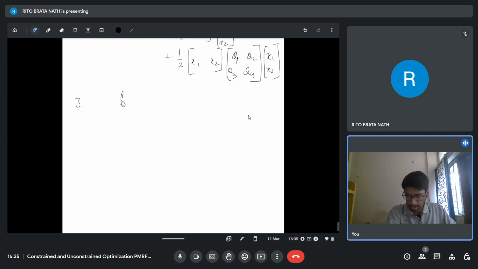Suppose a function like this is given, say x cubed plus 4x squared, sorry, x minus 8.